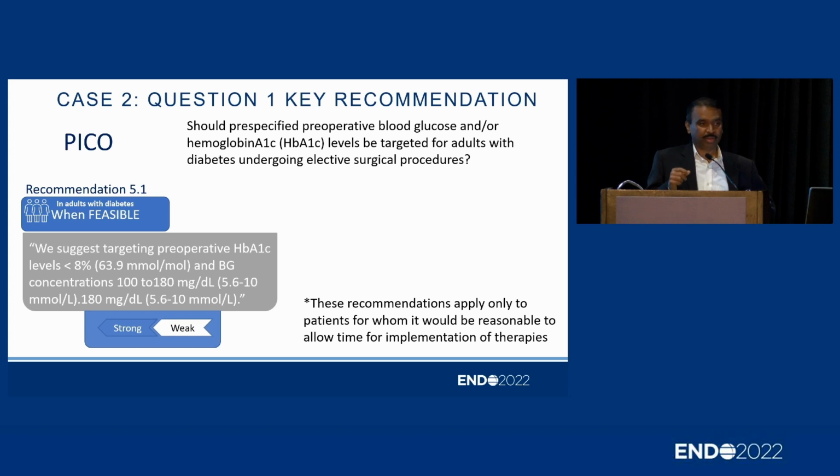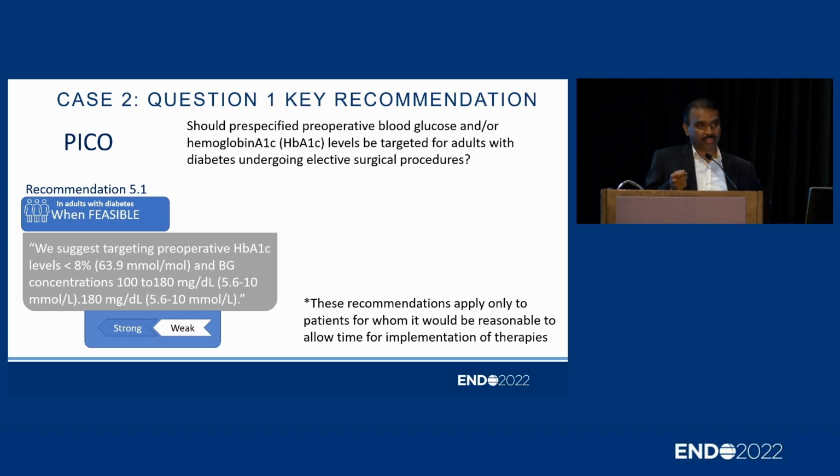So the question always becomes the threshold. Which threshold do we pick, 8% or 7%? So as Dr. McDonald mentioned in the GRADE approach, especially when the panel discussed this issue, the key points were equity, cost effectiveness, feasibility, and applicability, right? We all know that bringing A1C to less than 7% can delay surgery, especially if your patients are from lower socioeconomic status, or they don't have immediate access to care like surgery.